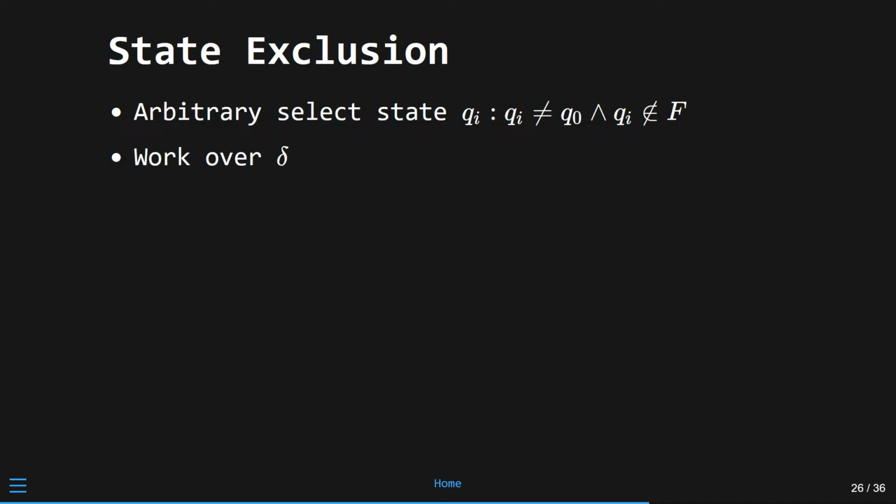Okay. Then I am going to go look at delta. I will note that delta will have a number of edges that include Q sub i. I'm going to look at all of those edges, and I'm going to specify them as follows. I'm going to let delta sub i comma 0 be edges that come in to Qi.